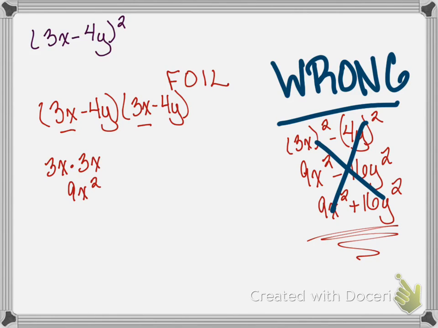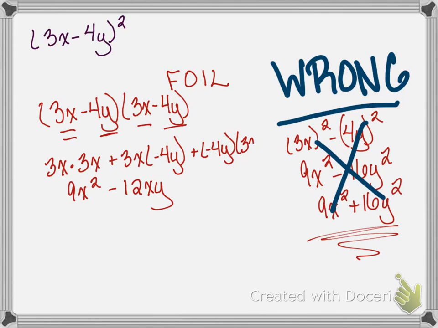Then I have 3x times negative 4y. Okay, that's negative 12xy. Then I have negative 4y times 3x. Okay, negative 4 times 3 is negative 12. Y times x is yx.